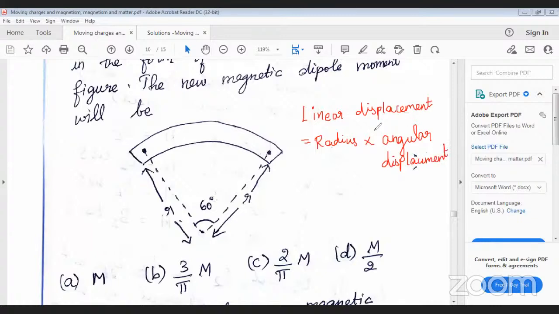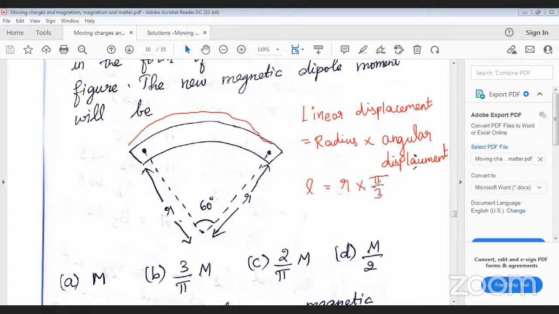So based on this, we all know very well, this is the linear displacement from here to here. That is the length of the bar magnet. That is, L equal to radius, which is mentioned in the diagram as r, into angular displacement. Angular displacement is 60 degree, that is nothing but pi by 3.